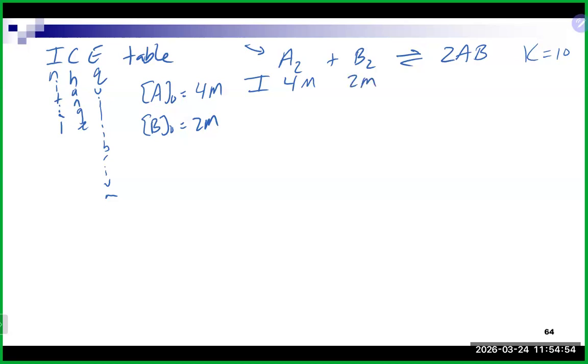And in a lot of problems, you may not be given anything like how much products you have. If they really don't mention anything about products, it is usually fairly safe to assume you got nothing going on there, and you could start with zero basically on that side.